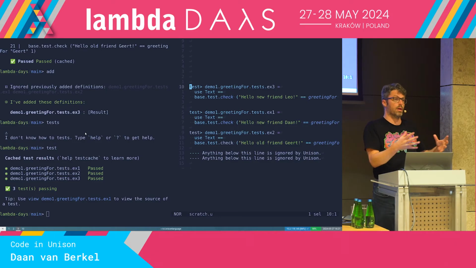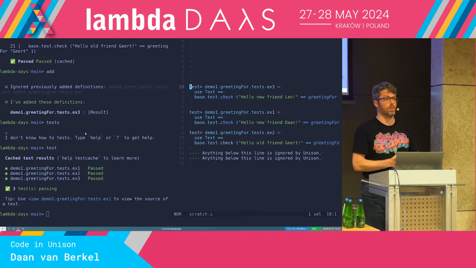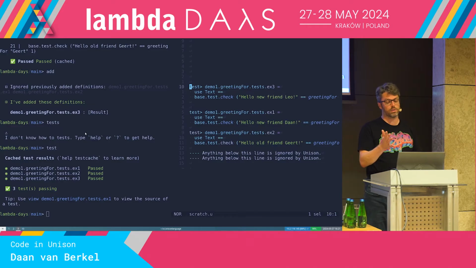And then you can run that piece of code that is a test. And there are also I/O tests that have the ability to do I/O, but I'm not going to go into that now. Does that make sense? Other questions?